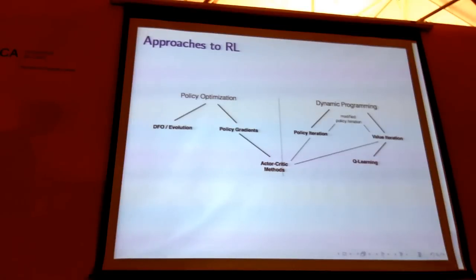And today, after this introductory material, I'll talk about a simple algorithm of this sort. The other approach is policy gradient methods, where you actually try to measure the gradient of the performance with respect to the parameters of the policy.